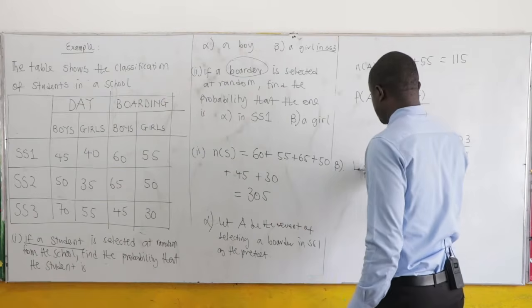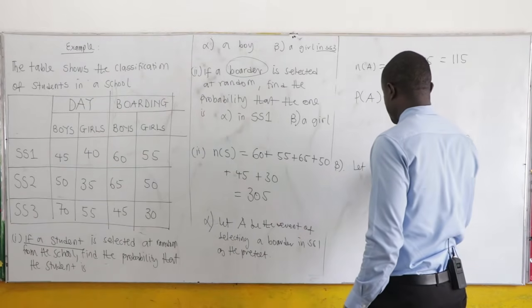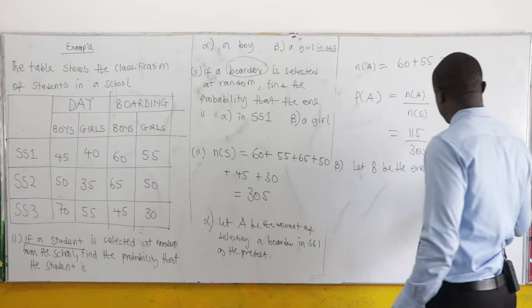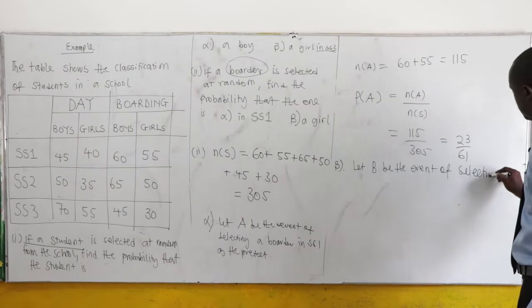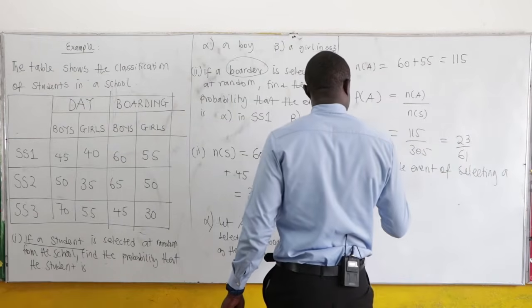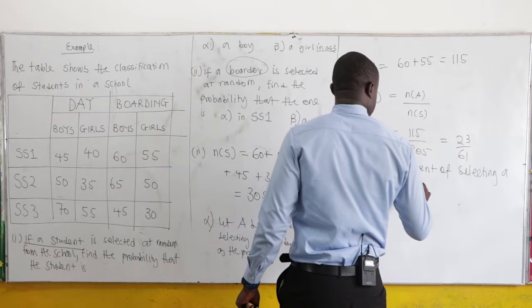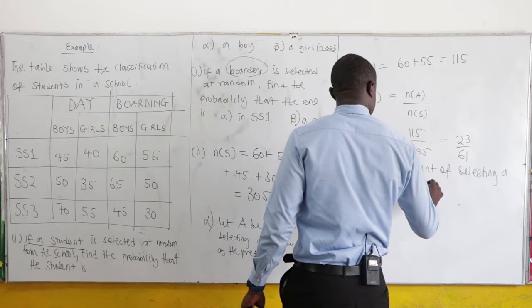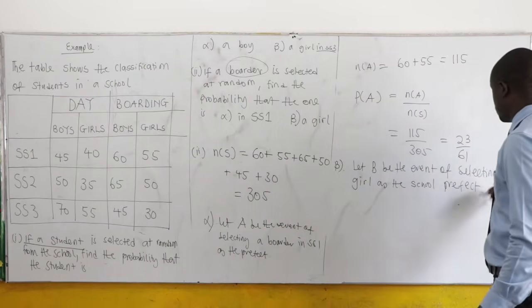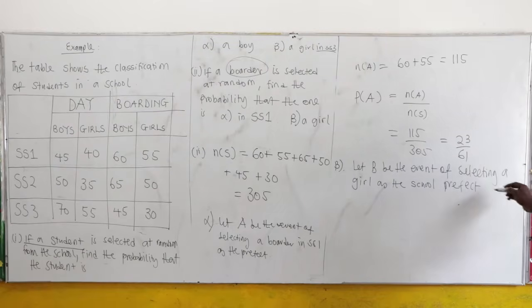We can say that let B be the event of selecting a girl as the school prefect. But we shouldn't forget that it's a boarder.